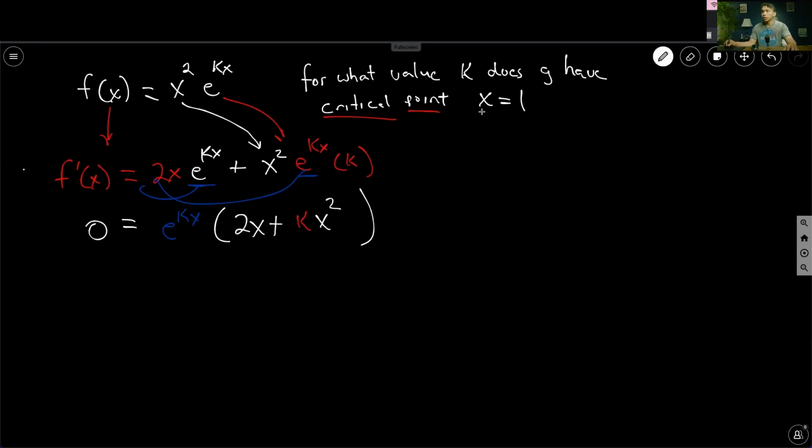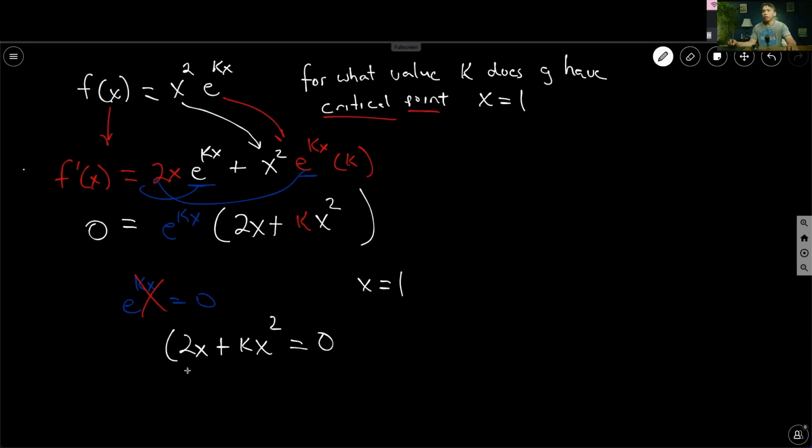And we know x equals 1. So first of all, when we set e to the kx equal to 0 to solve for k, this can never happen because e to a certain power can never be 0. It'll be a really small number, but can never equal 0. So this can't happen. Now we set the second part, 2x plus kx squared, equal to 0, and we said x is equal to 1.